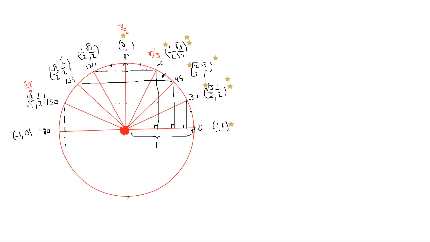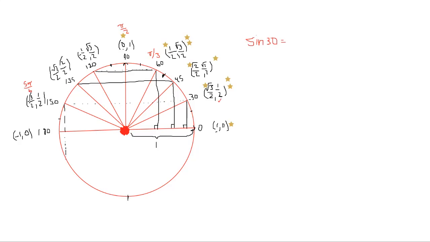For example, if they want to know what is the sine of 30 degrees? Well, remember, sine is going to be the y value on that coordinate. So if you look at 30 degrees, notice that the y value is 1/2.